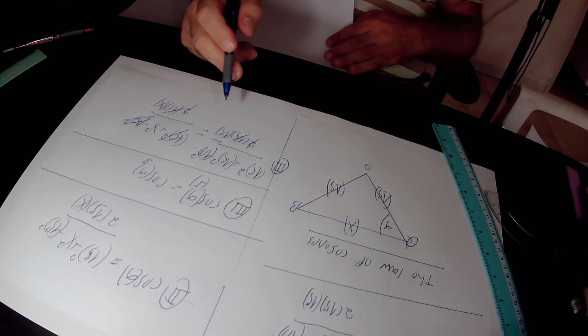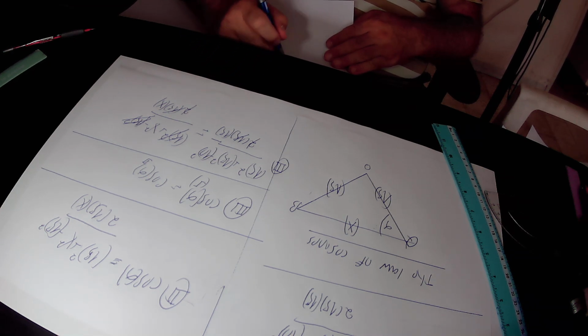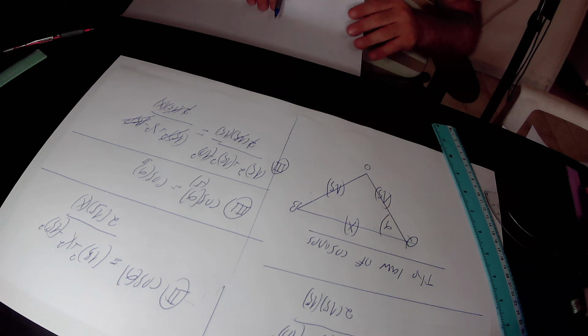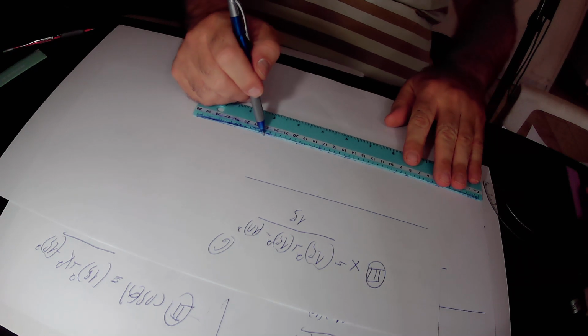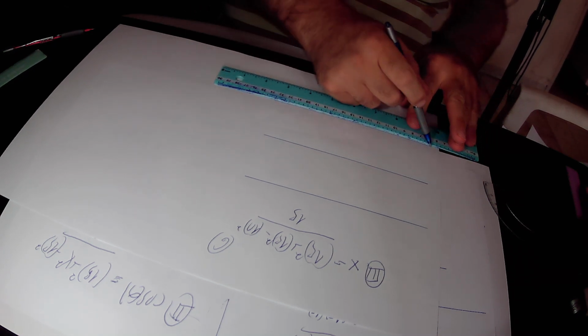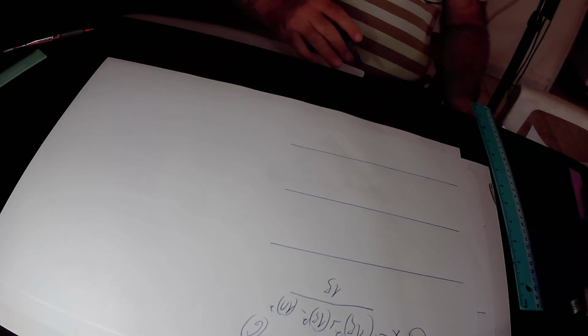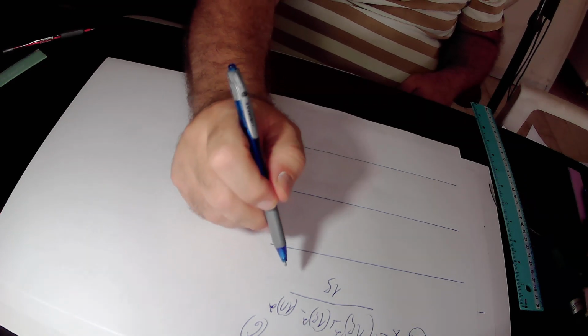So we found out that x equals 15 square plus 15 square minus 10 square, divided by 15. So in total, according to equation 3, x, the line segment that we are looking for, is equal to 15 square plus 15 square minus 10 square divided by 15.